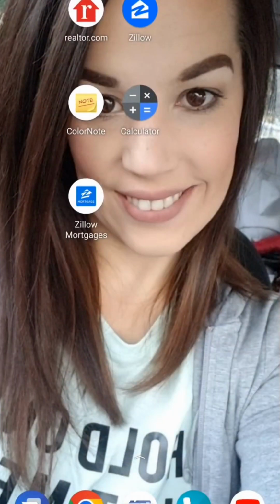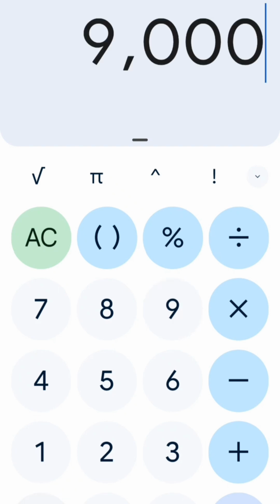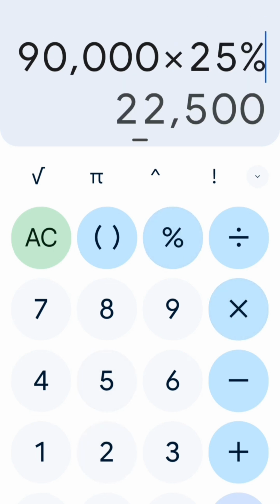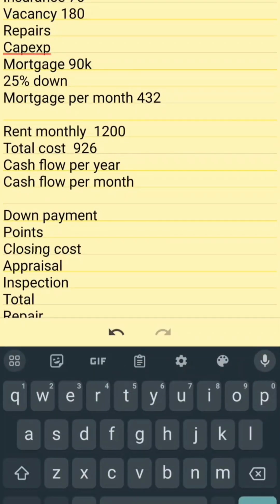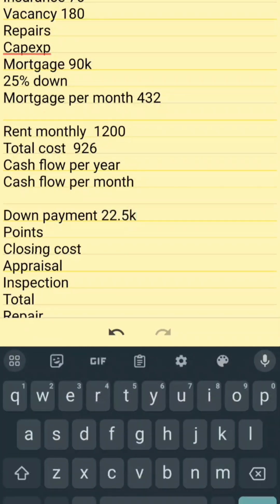So we're going to go back to our calculator and we're going to multiply 90,000 times 25%, and that gives us 22,500. So we know our down payment is going to be 22.5K.